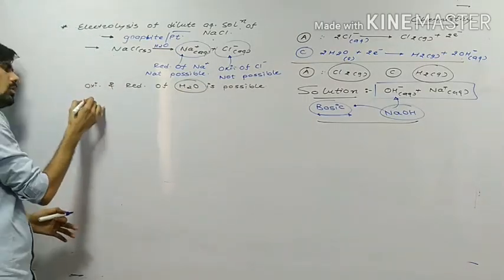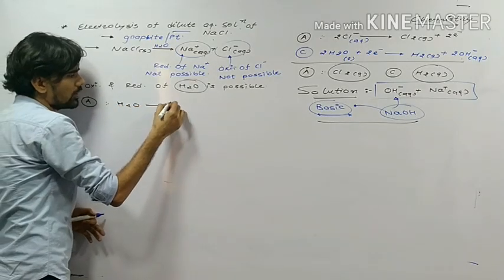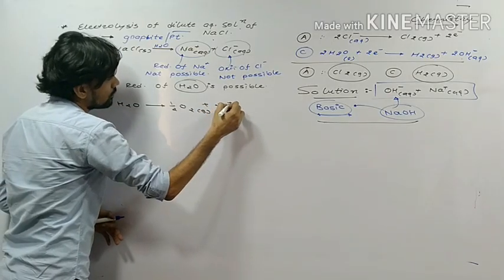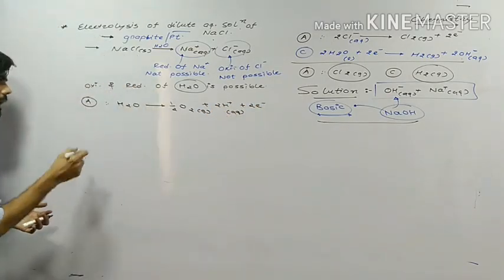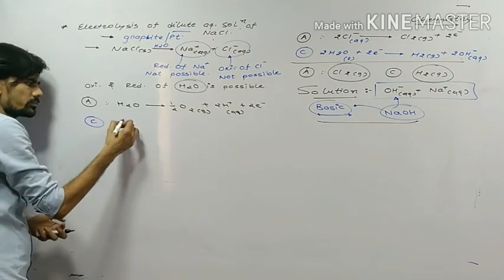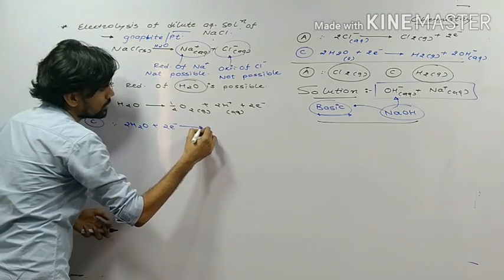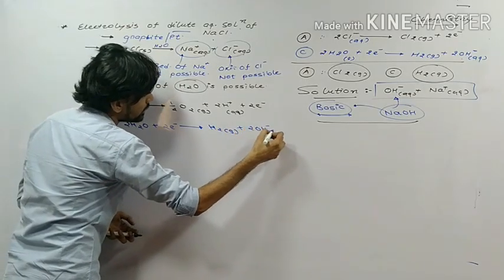So at anode, H2O gives half O2 gas plus 2H+ plus 2 electrons. At cathode, 2H2O plus 2 electrons gives H2 gas plus 2OH- aqueous.